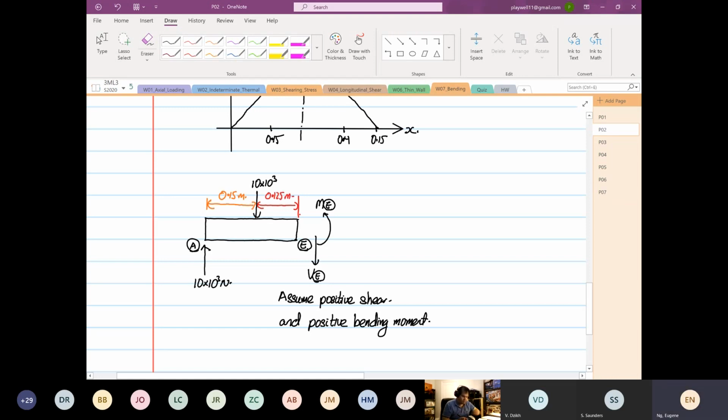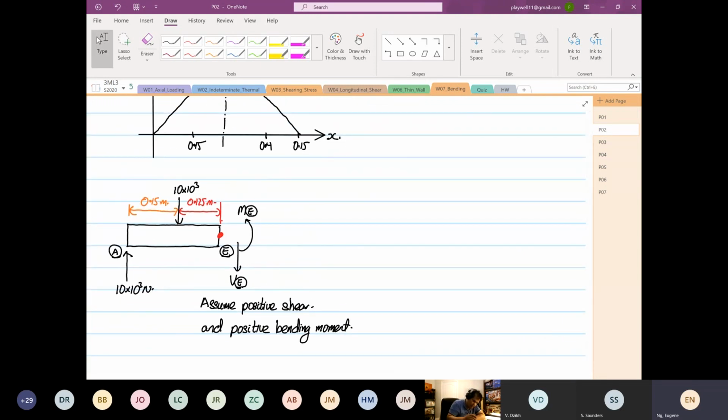Now we are going to take the moment at point E, where I'm drawing a dot now. We're going to do static analysis, where summation of moment Z at point E will be equal to 0.